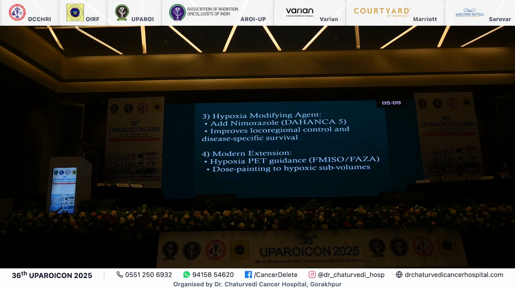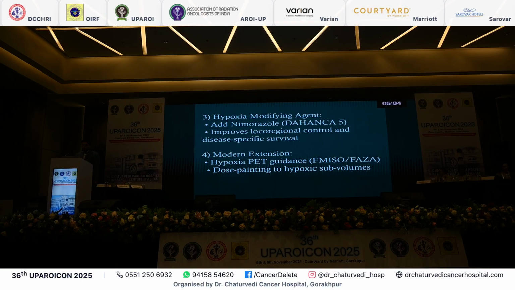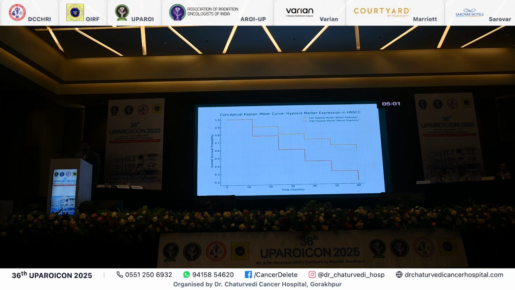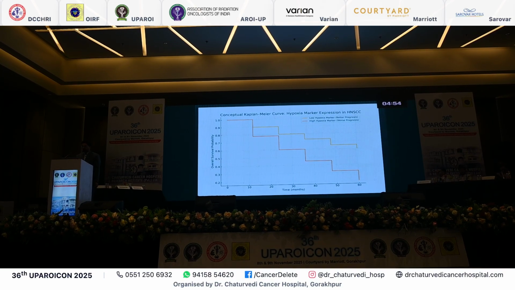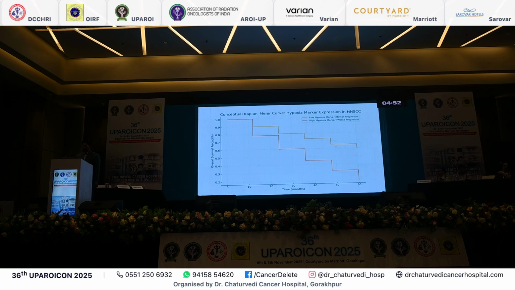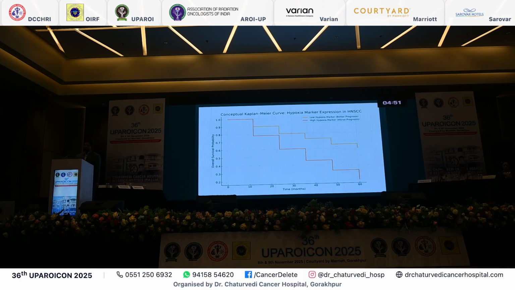And now the modern extension is the hypoxia PET guidance and dose painting to the hypoxic subvolume. Here is the conceptual curve showing the low hypoxia marker have better prognosis compared to the high hypoxia markers.